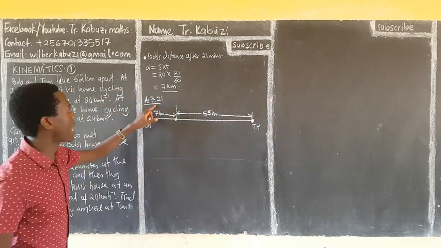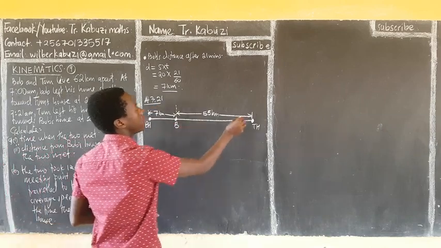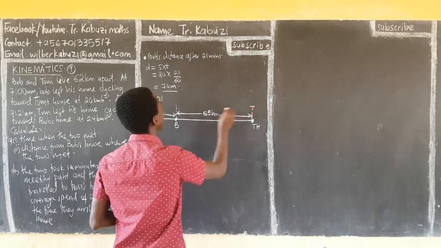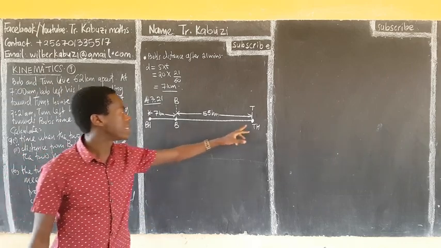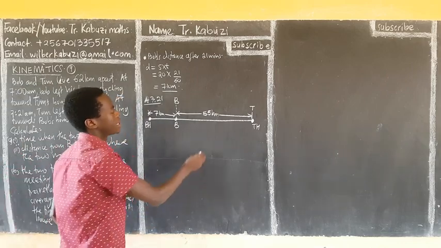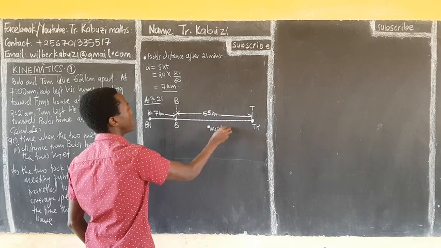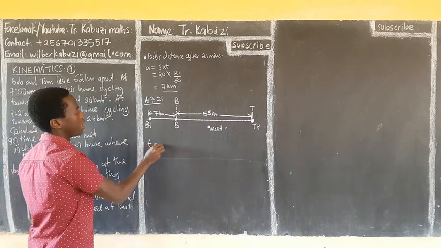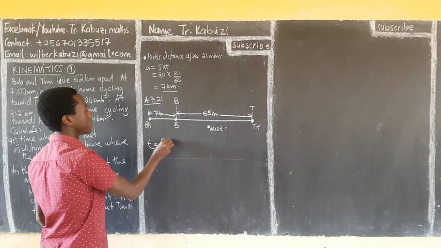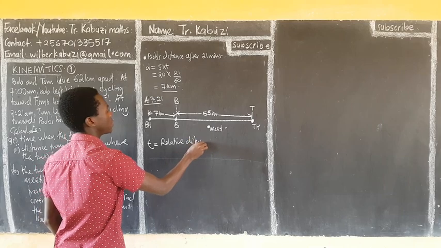At 7:21, Bob is here and Tom is here. Now we assume this is their meeting point. We know that time is equal to relative distance over relative speed.